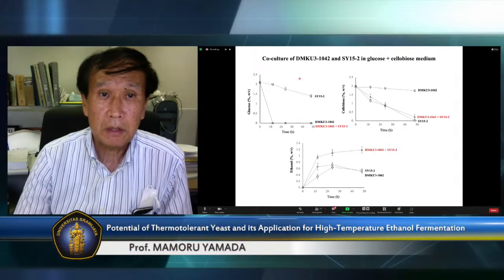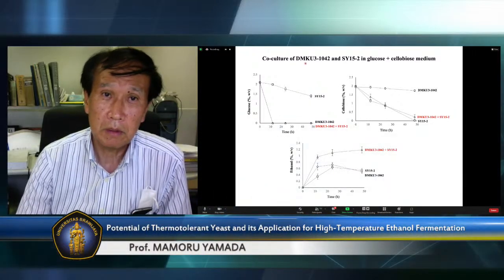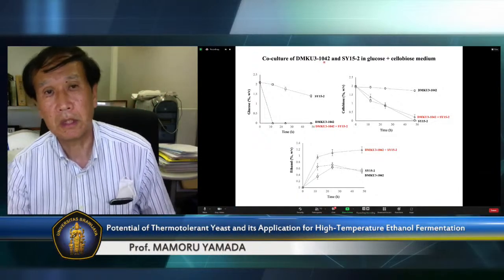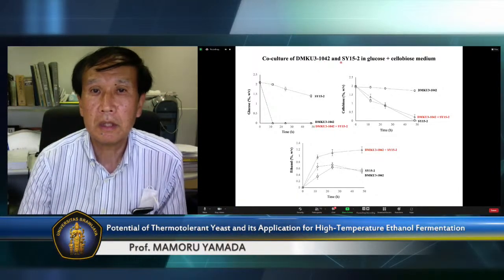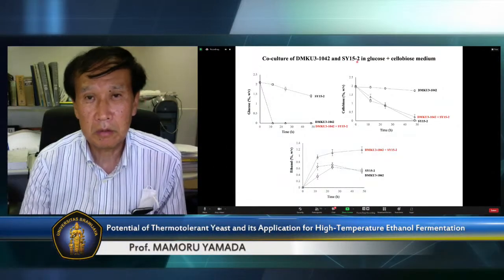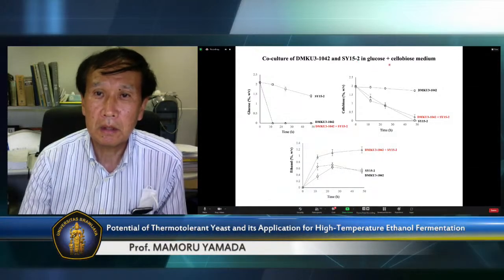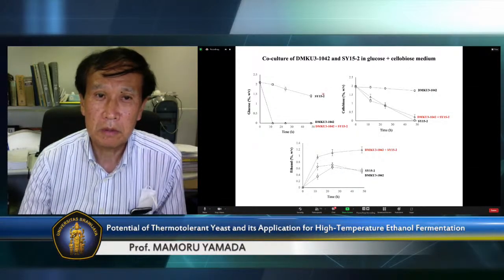So we tried co-culture of Ku3142, the wild type, which can utilize glucose, and SY152, which cannot use glucose but can use cellobiose, in glucose and cellobiose media.